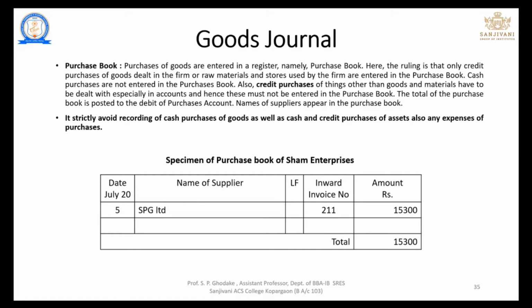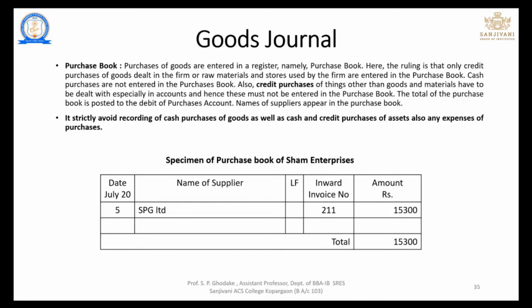So what exactly is a purchase book? Purchases of goods are entered in a register which is called a purchase book. Here the rule is that only credit purchases of goods dealt in by the firm, in the form of raw material or stores used by the firm, are entered in the purchase book.